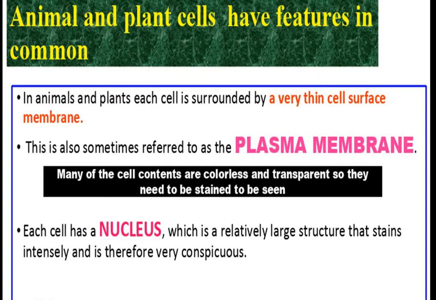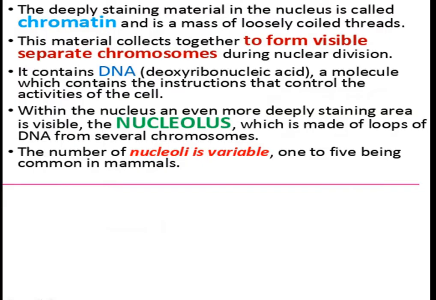I told you in our previous lesson also that before preparing a slide to view under the microscope, we need to stain the biological material so that it can be seen. Each cell has a nucleus, which is a relatively large structure that stains intensely and is therefore seen more prominently in the cell. These were the common features, the cell membrane and the nucleus.